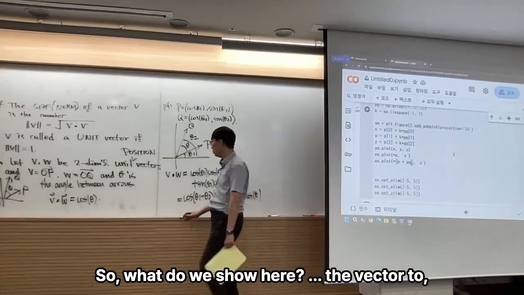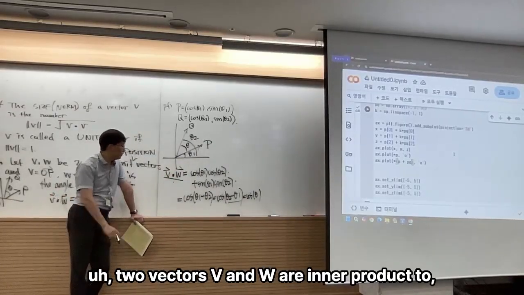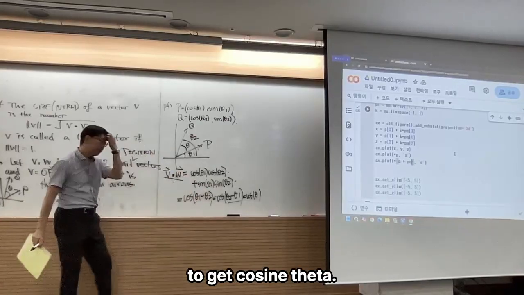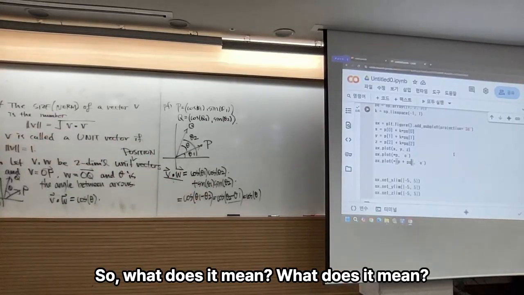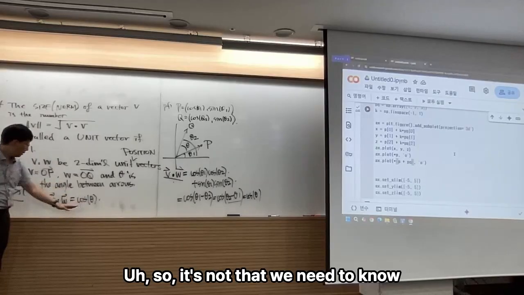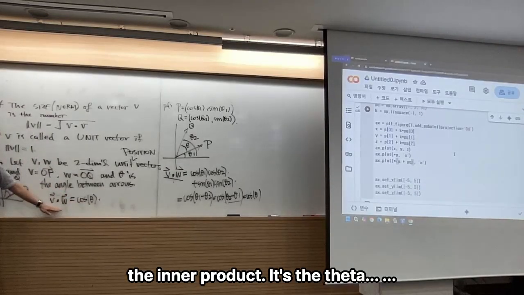So what did we show here? The two vectors V and W, take the inner product to get cosine theta. So what does it mean? It's not that we need to know the theta in order to get the inner product.